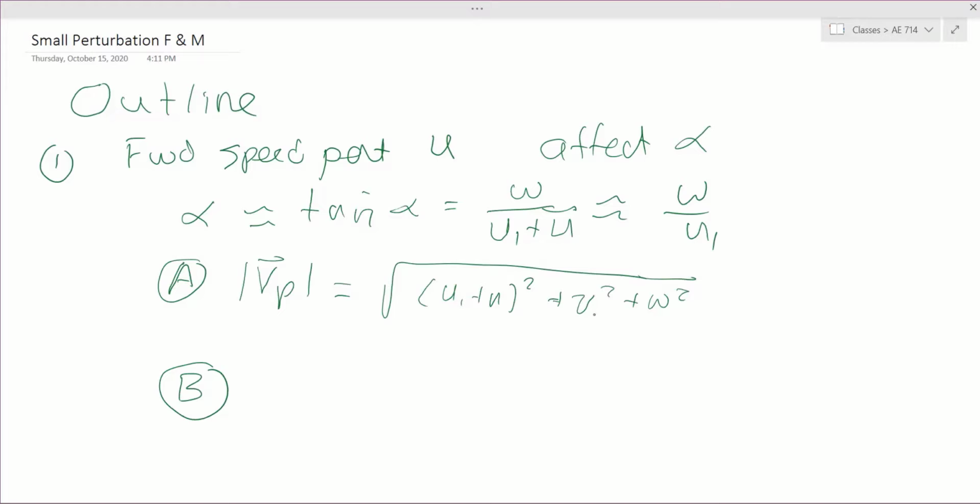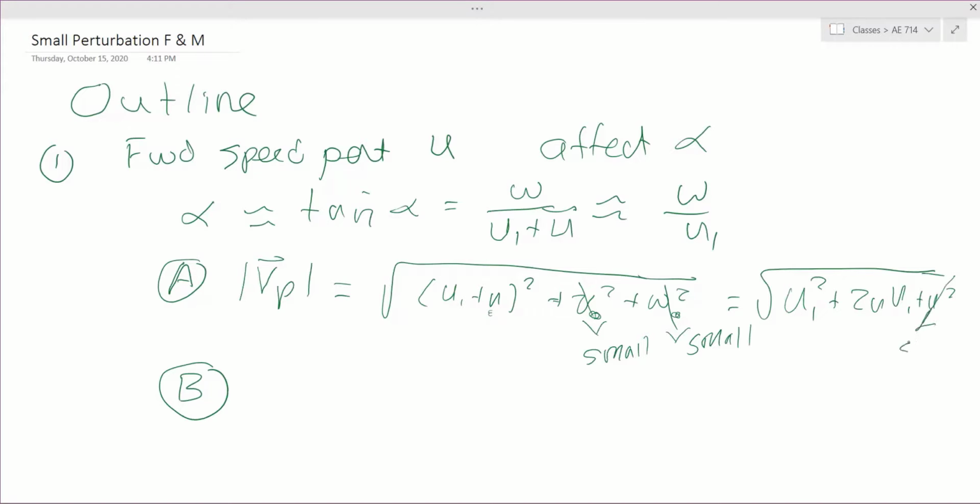We can pretty much say this is small, and this is small, and inside the square, this is small, but if you remember, if we multiply that out, so let's knock these out, get rid of them. We've got the square root of U1 squared plus 2 U1 u plus little u squared. You look at that and you go, well, we can knock out that. But this might be significant because although we have little u, we have big U1 multiplying by it.